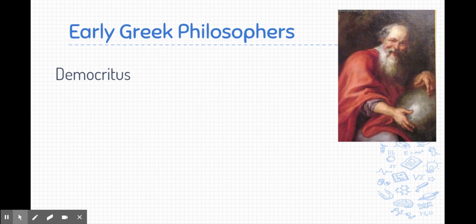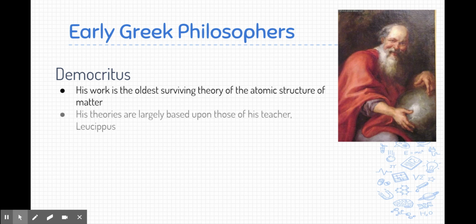Even though everyone gives him credit, when you look into it a bit further, you see that his theories seem to have been based on his teacher, a philosopher by the name of Leucippus. Democritus basically gets credit because his work survived several hundred years, and if your written work survives, you usually get credit for things.